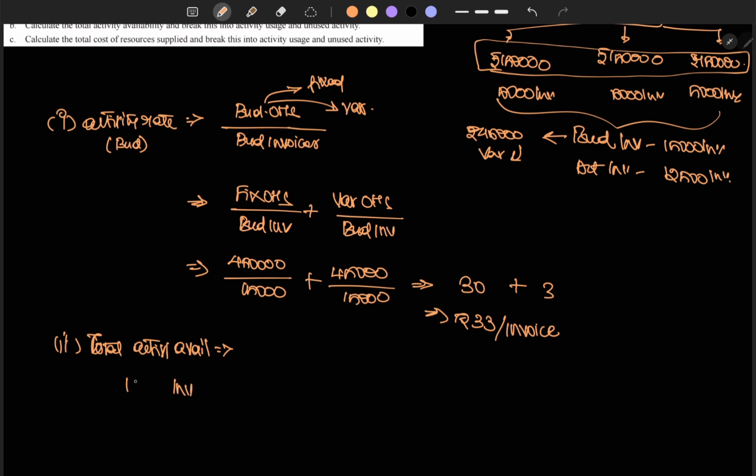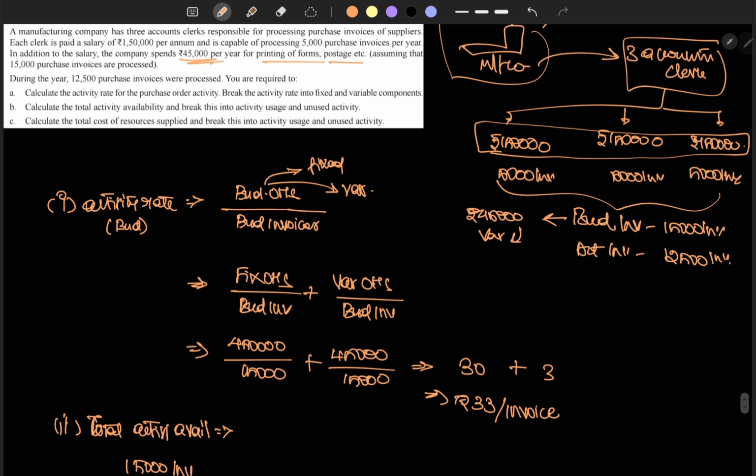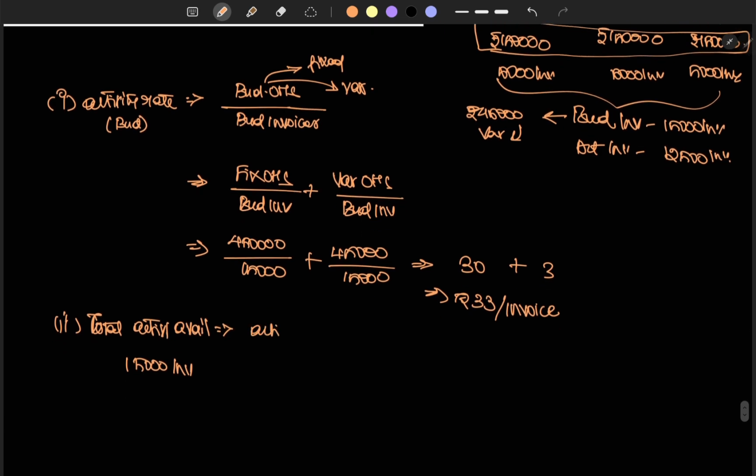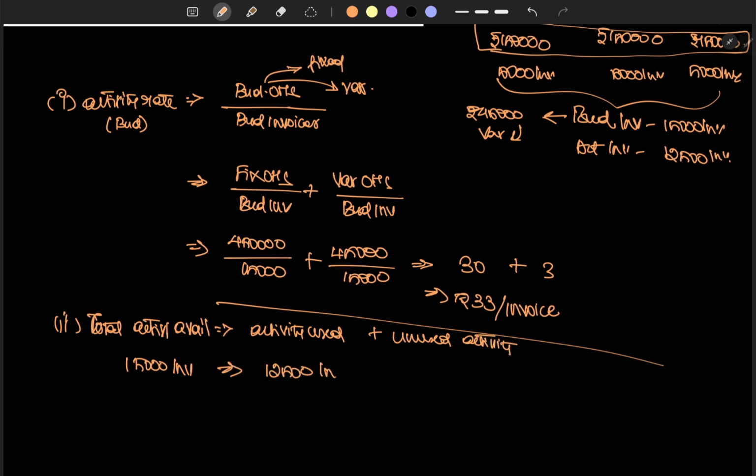And they have said to split it into activity usage and unused activity. Activity used is 12,500 invoices plus unused activity of 2,500 invoices.